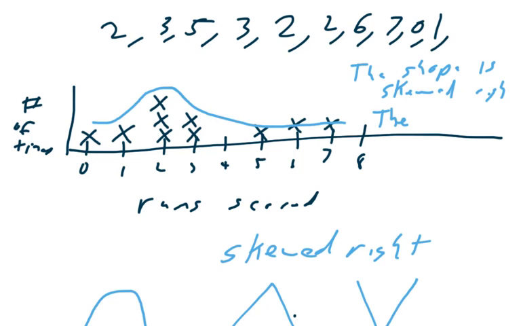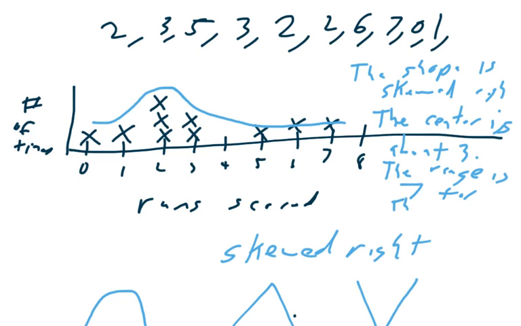We would need the center. The center looks to me to be about 3, because it looks like that would be where the center of this distribution is. And the spread, or the range, is 7 for the number of times the Cubs scored.